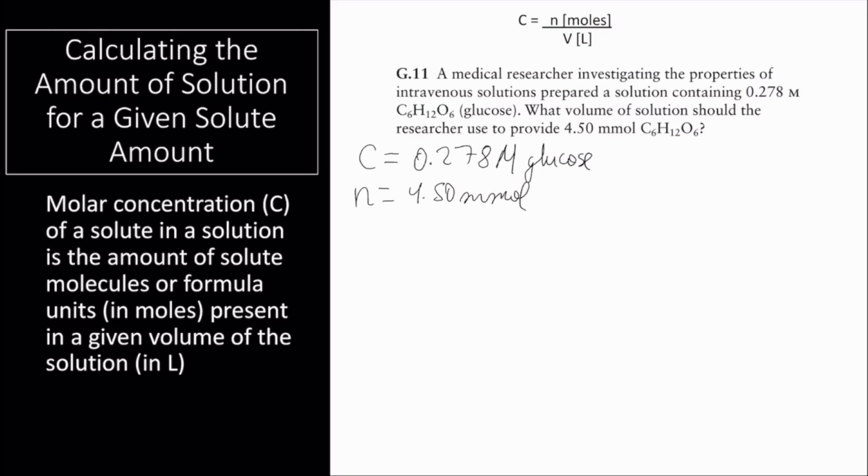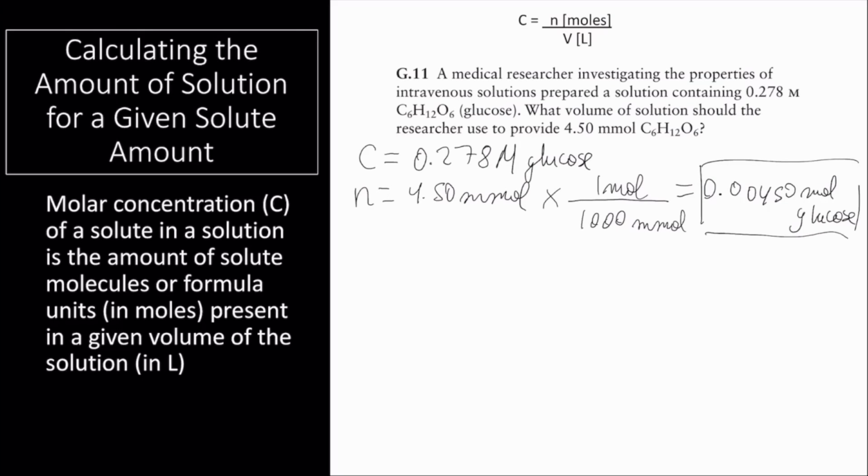So to convert millimoles to moles, we just say that for 1,000 millimoles, we have 1 mole. So after dividing 4.5 by 1,000, we get 0.00450 moles of glucose. Remember that this must have 3 significant figures because the initial number has 3 significant figures.